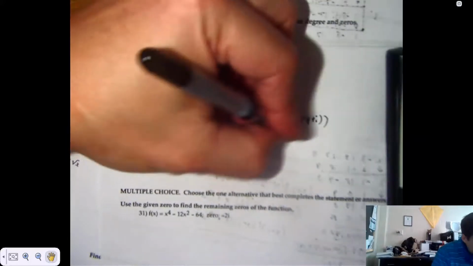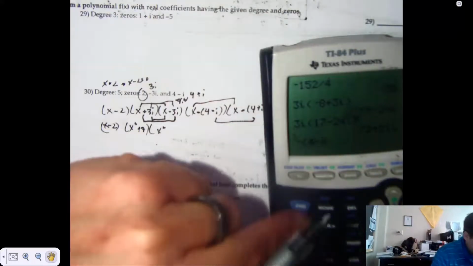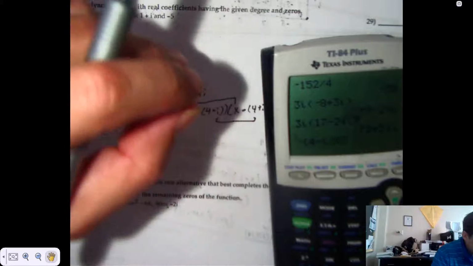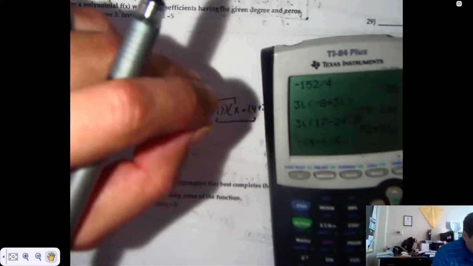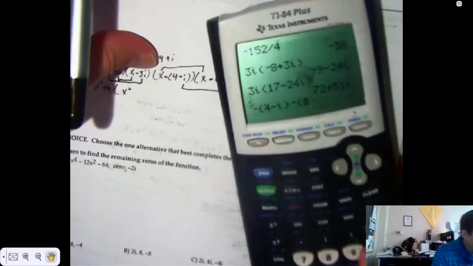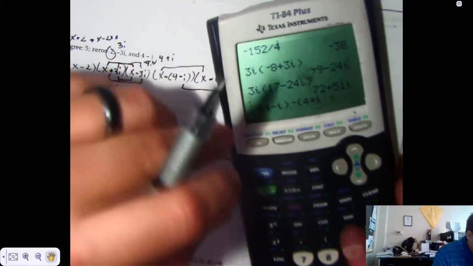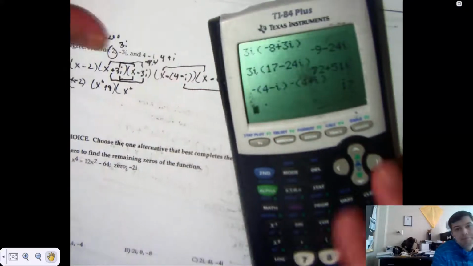Now here you're going to do x times x, that's x squared. You're going to multiply these two things together because you're foiling. So you do a negative 4 minus i. Hopefully this is 17 times a negative. Notice it's a negative symbol in the calculator, not minus. 4 plus an i. And it's 17.